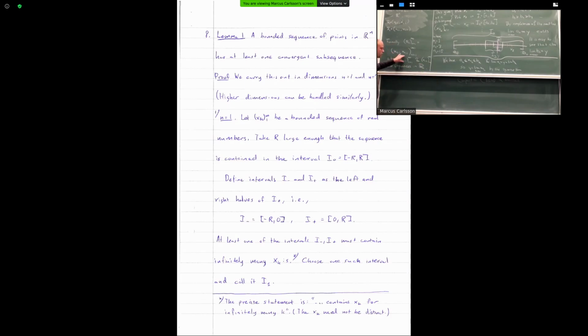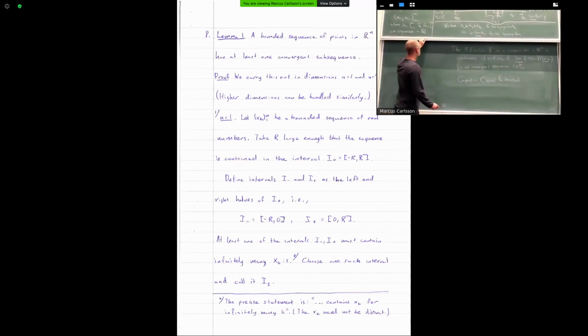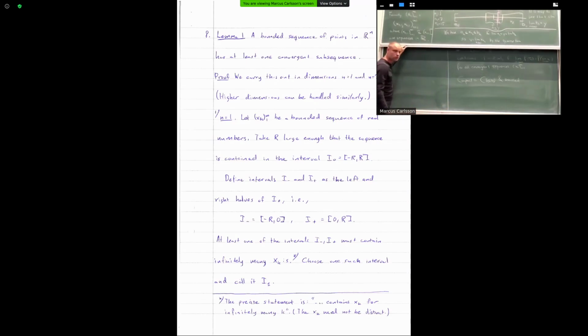So the first coordinate and the second coordinate are each now a sequence that falls into this machinery over here. So I keep using this side of the blackboard here.